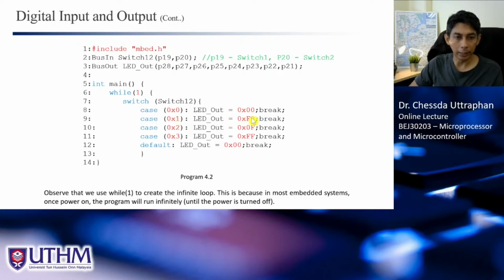So F0 means that this one is 1 1 1 1 0 0 0 0. It will turn on 4 LEDs. When number 2 or 1 0, so 0F. And if both are pressed, which is 1 1, 3 is 1 1, so both are pressed, so all are turned on, FF.